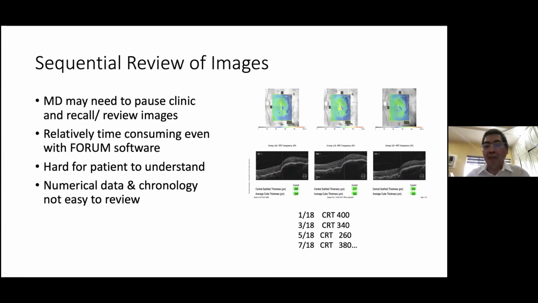Also, showing these images to somebody with suboptimal vision may be difficult for them to understand what's happening to their eyes. And if we show them numbers such as central retinal thickness, they may not be able to understand it as well.